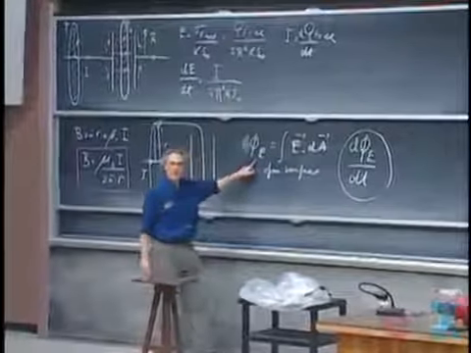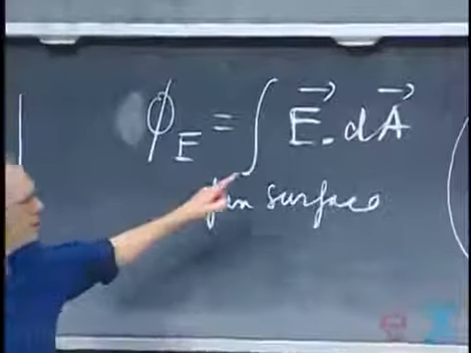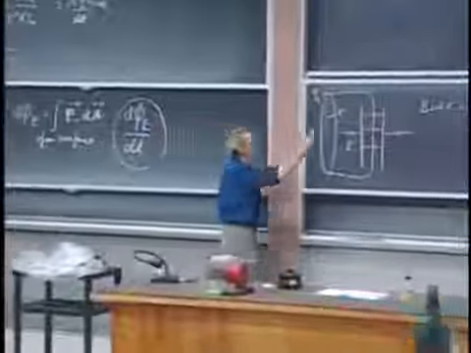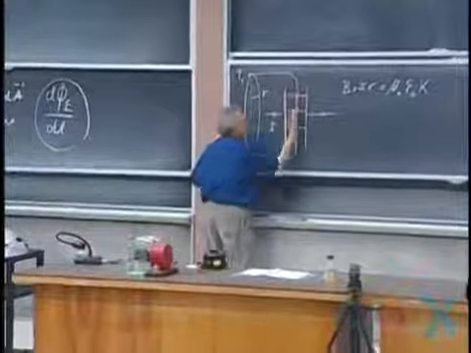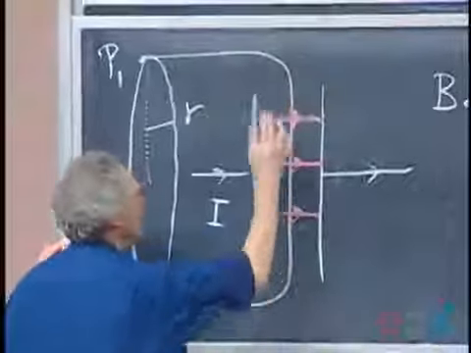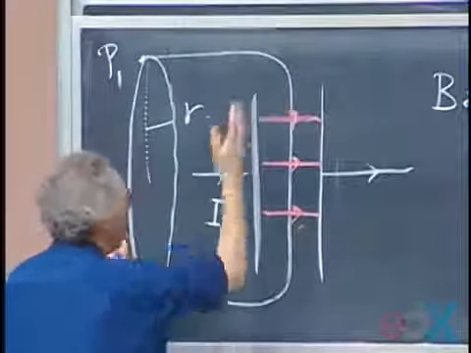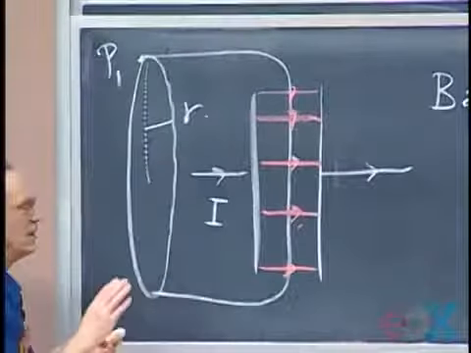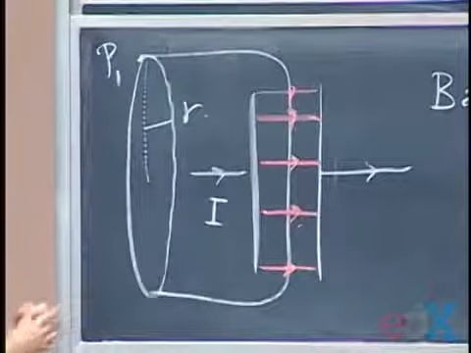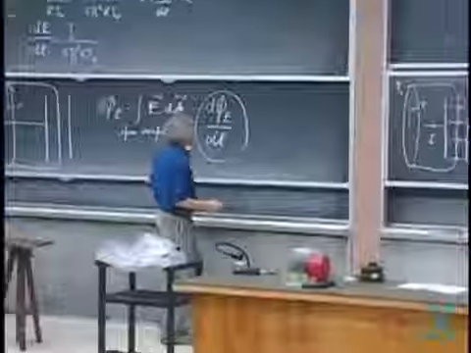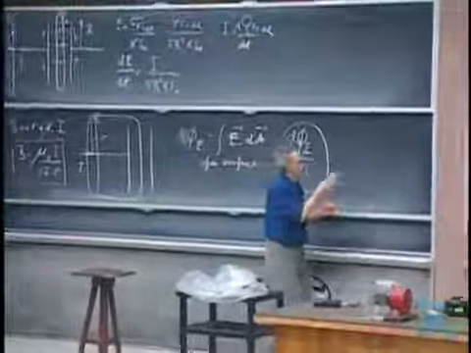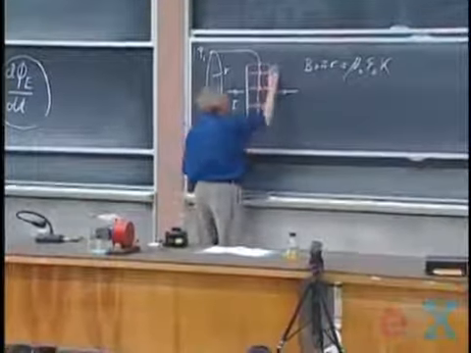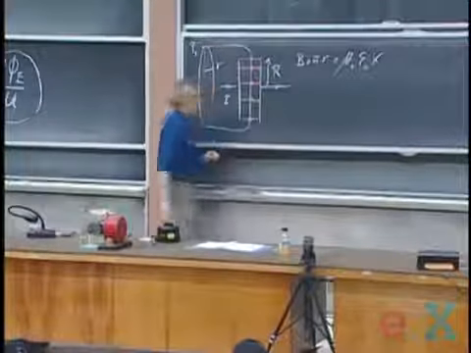Phi E is very easy to calculate because E and dA, right here, think of this part being flat. Wherever you are inside the capacitor, if we assume that there are no fringe fields, then there is an electric field only when you're inside the capacitor, and so the electric flux is simply E times the surface area. E and dA are in the same direction. So it is the electric field times pi capital R squared.